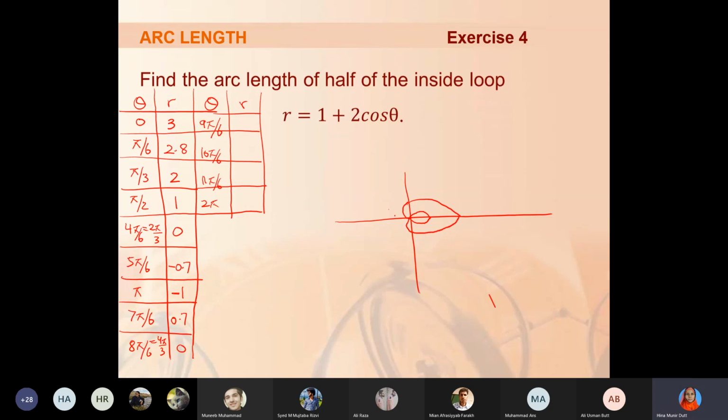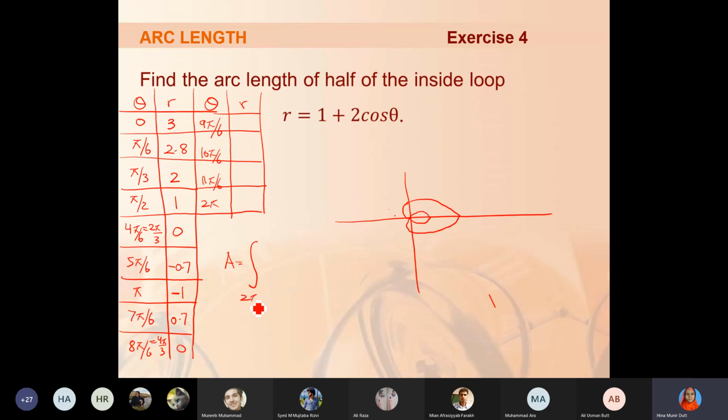Okay. Now you can find the length of any loop, any curve of this. For example, if I want to find the length of half of the inside loop, what are the limits of theta? I can take the limits from 2pi/3 to pi or pi to 4pi/3.